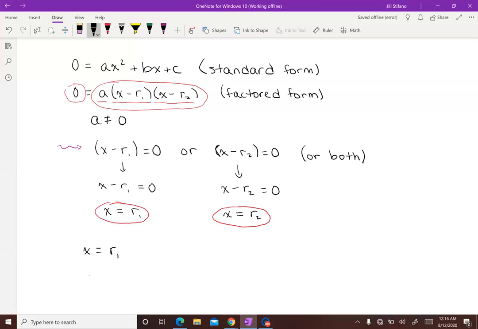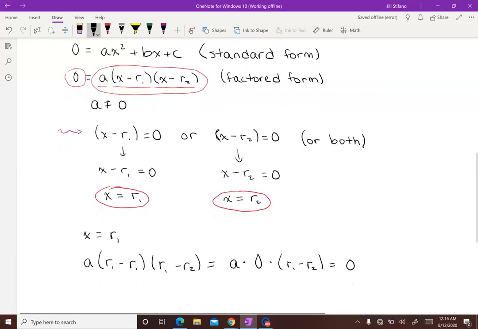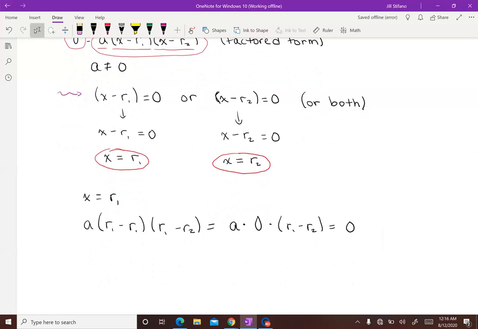Then we have a times r1 minus r1 times r1 minus r2, and this is a times 0 times r1 minus r2. So anything times 0 is just 0. So if we're looking at the place on the graph where x equals r1, then we know that the graph will have to cross the x-axis at that point.